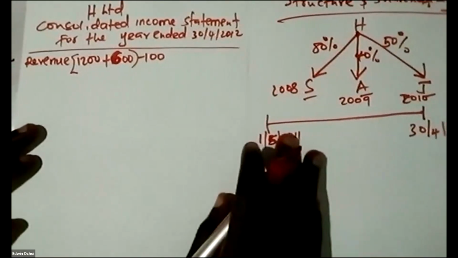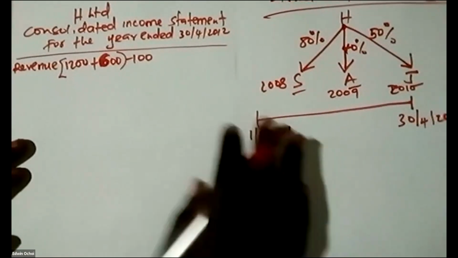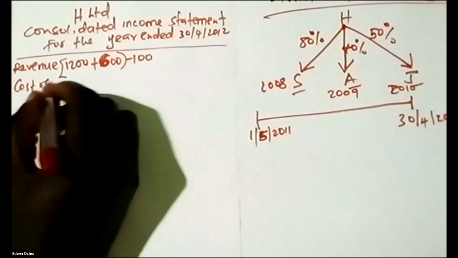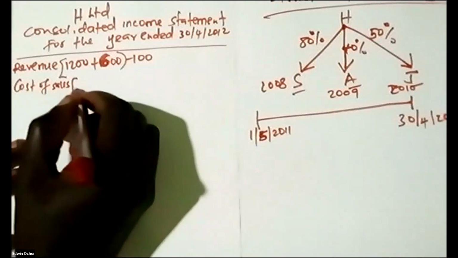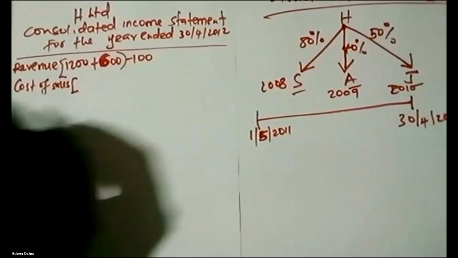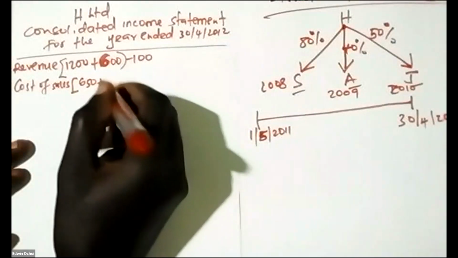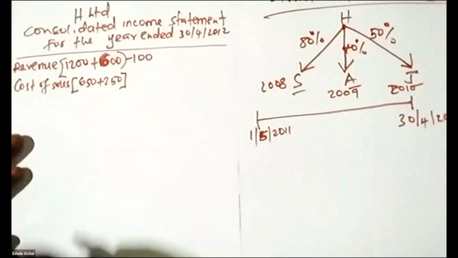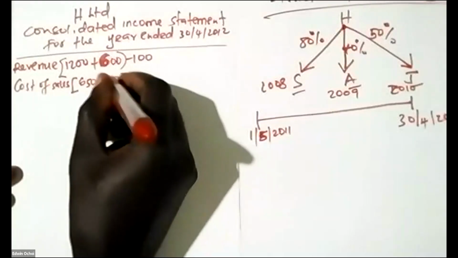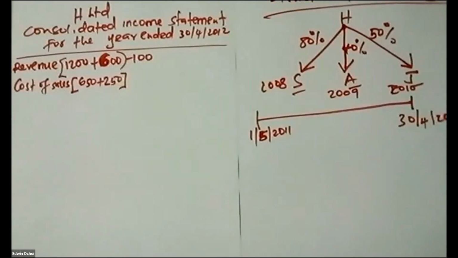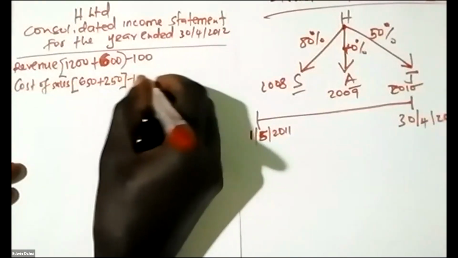Then after that, I move to the cost of sales. Cost of sales, again parent plus subsidiaries, so 650 plus 250. Then you minus the same intergroup sales.